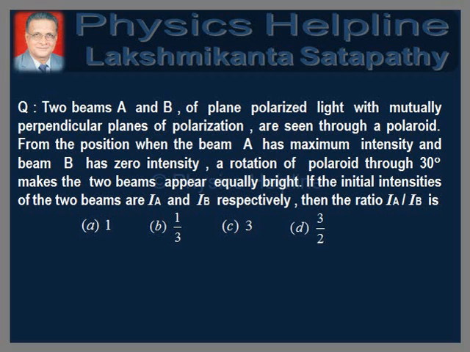If the initial intensities of the two beams are IA and IB respectively, then the ratio IA by IB is, the options are 1, 1 by 3, 3 and 3 by 2.